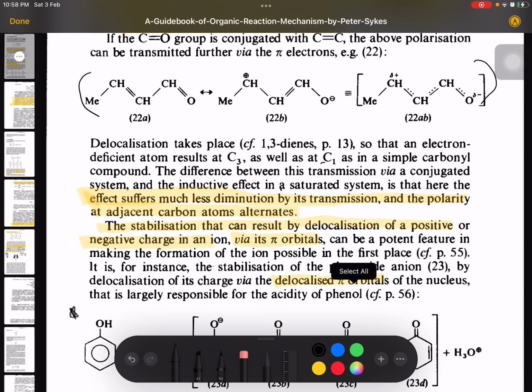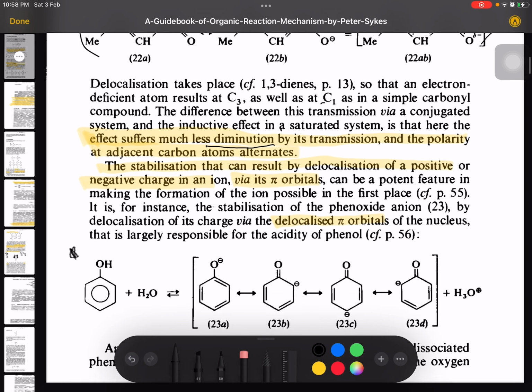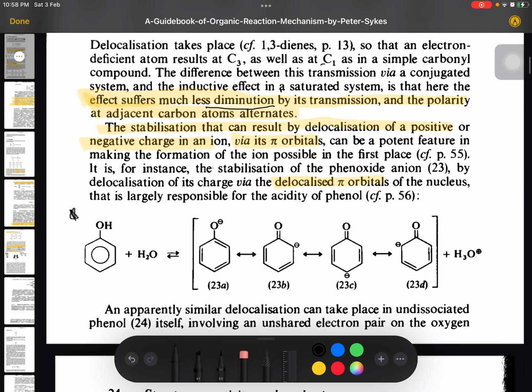The difference between transmission via a conjugated system and the inductive effect in a saturated system is that here the effect suffers much less diminution in its transmission, and the polarity at adjacent carbon atoms alternates.